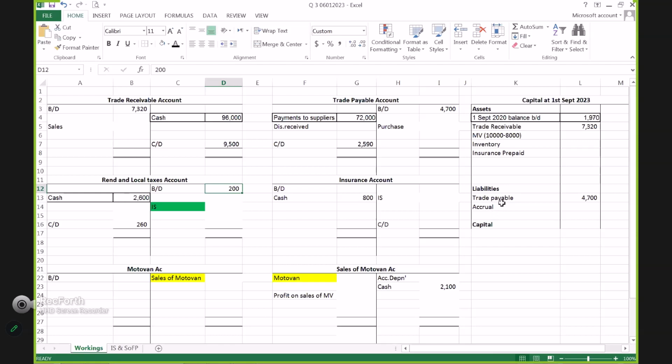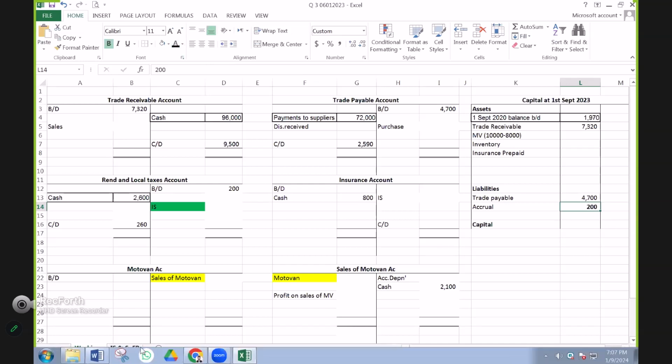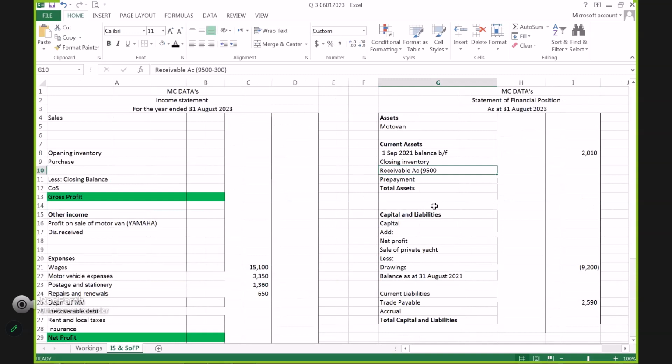Therefore, for the calculation of the capital, accrual of rent and local tax 200, as well as the closing accrued transferred to the statement of financial position, accruals under the current liability, 260. Okay.